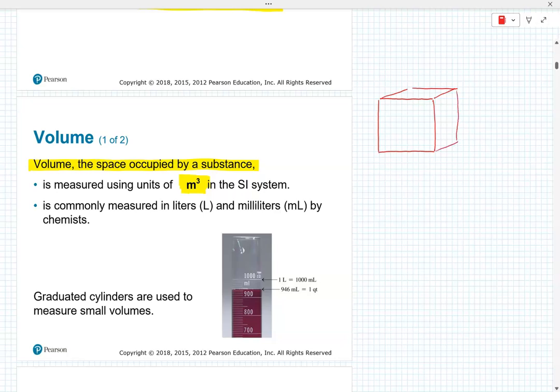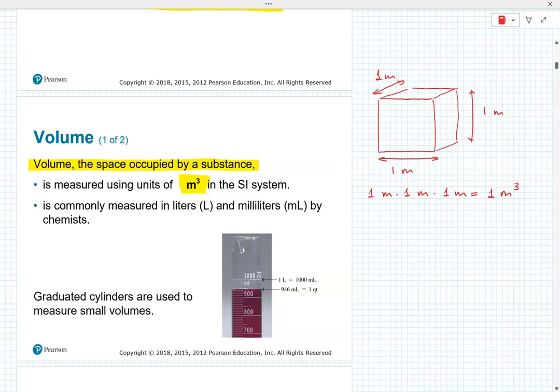Okay, a cube, more or less. Sides are 1 meter. So what is the length of that cube? What is the height? What is the width? So when we multiply all of that, you get 1 meter cubed. Any questions on that?